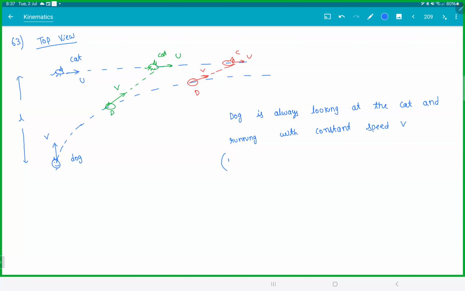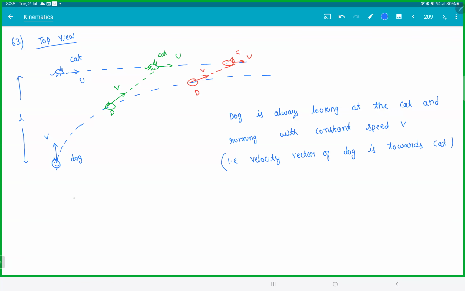What it means is that the velocity vector of the dog is always pointing towards the cat. Next time observe this. When a dog or a cat is chasing something, this is how they actually run. Or you can just go to YouTube and search for a video, leopard chasing a deer. You'll clearly see this thing.